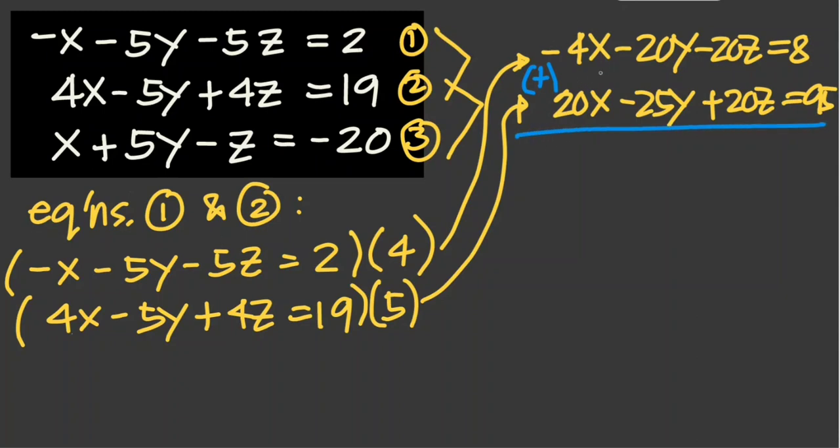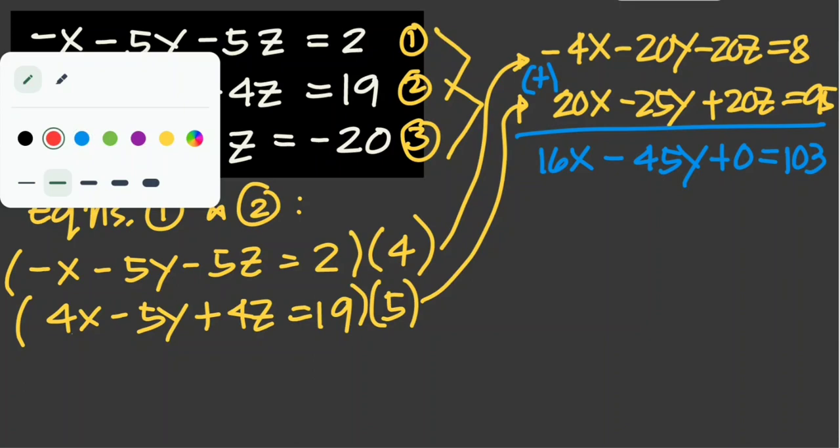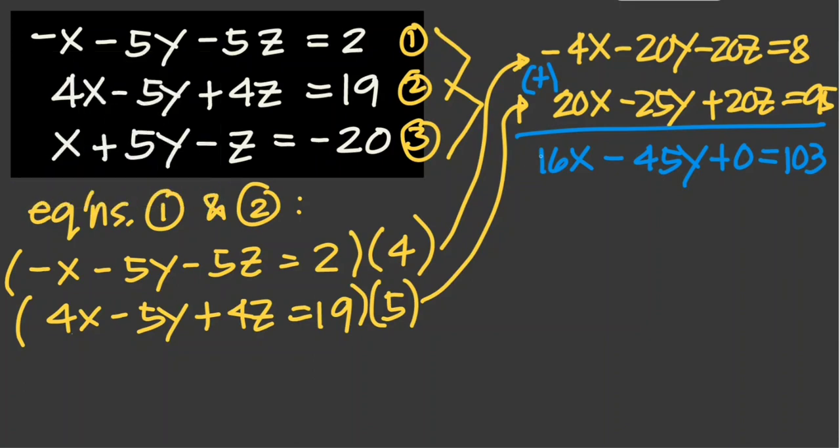Negative 4x plus 20x is 16x. Negative 20y plus negative 25y is negative 45y. Negative 20z plus 20z is just 0. And 8 plus 95 is 103. The equation that we get from here is our 4th equation.